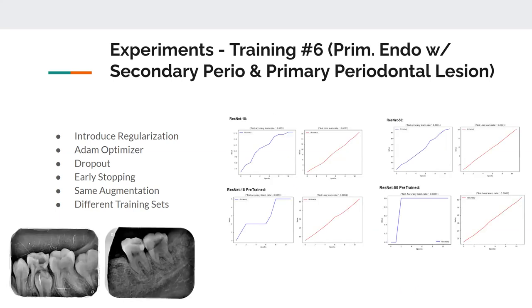Lastly, in my 6th experiment, I took a step back from the full generalization idea of experiment 5. I did not introduce much periodontal disease into the training, but now introduced conflicting primary endodontic with primary periodontic to learn the nuances between small early-stage and more prominent perio lesions.